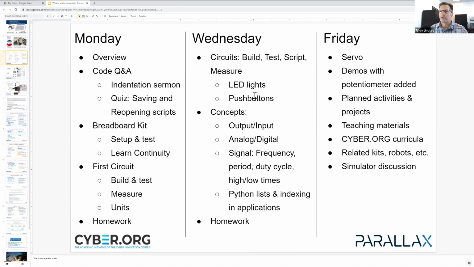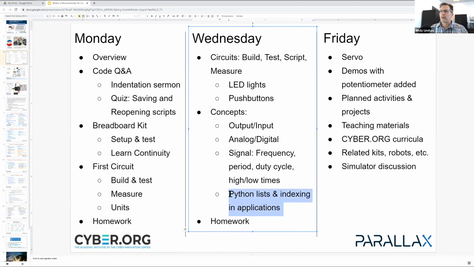The lights we'll treat as binary outputs, and then as analog outputs using digital to analog conversion. We'll also talk a little bit about some programming tricks, as in some of the computer science material that appears throughout the lessons.